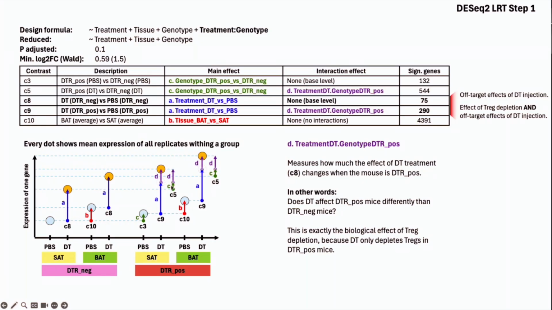And this C5 contrast that shows us the difference between DTR positive and DTR negative genotype after DT injection will also consist of two effects. The main effect will be C, which shows us the difference caused by the genotype, plus the interaction effect, how the treatment worked differently in DTR positive mice.